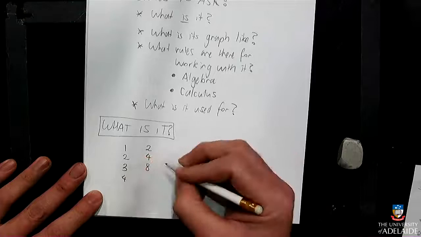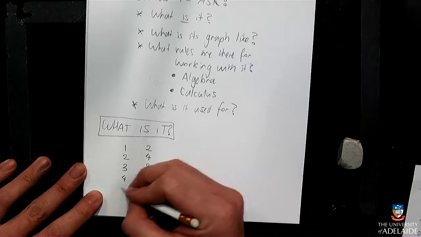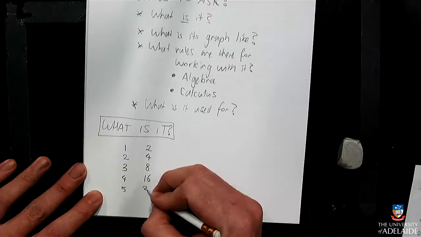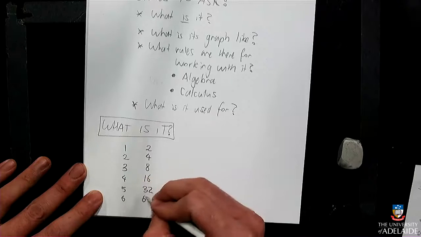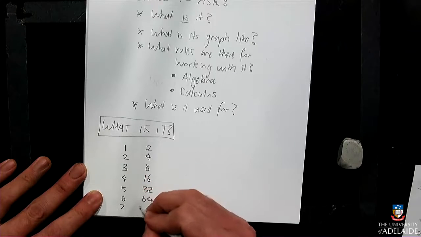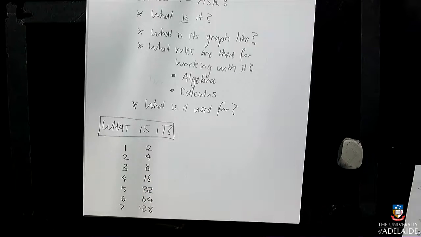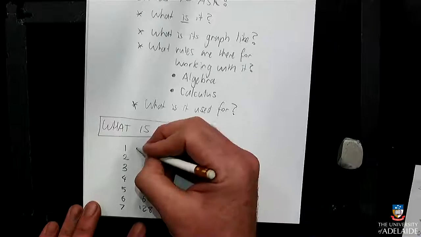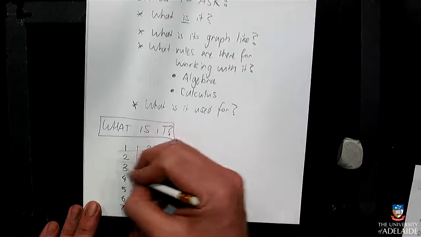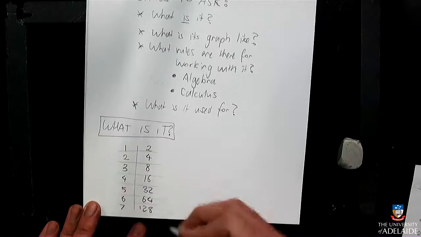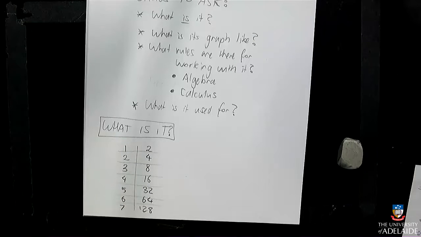The fourth time I'll multiply by 2 again. The fifth time I'll multiply by 2 again. The sixth time I'll multiply by 2 again, and so on. Okay, and that's an idea.